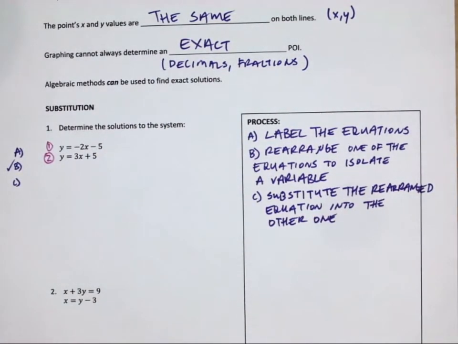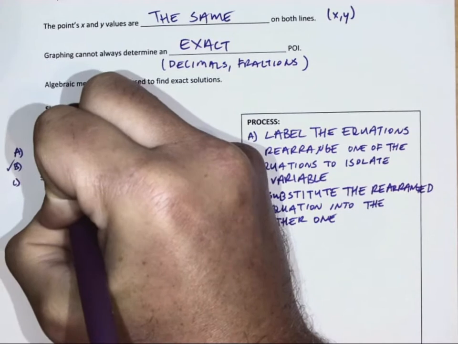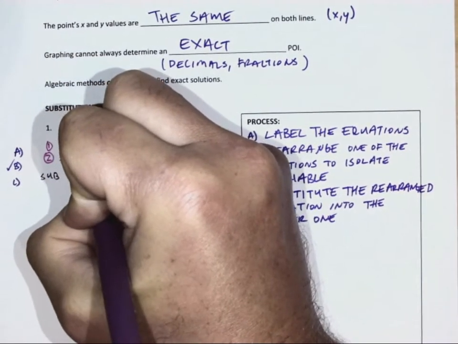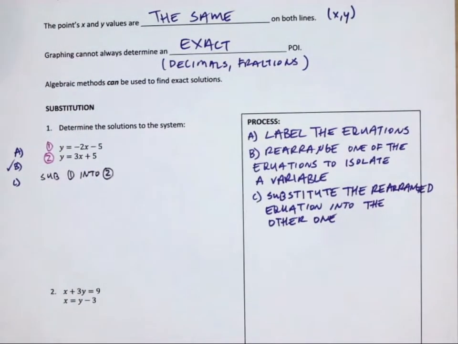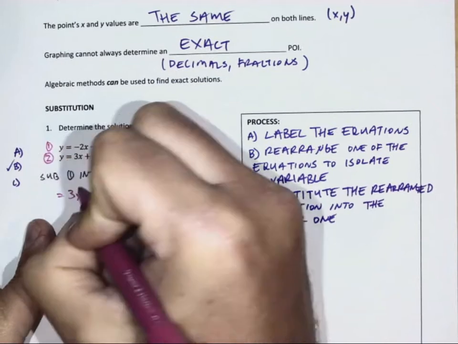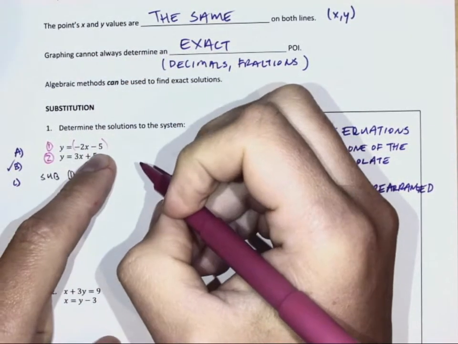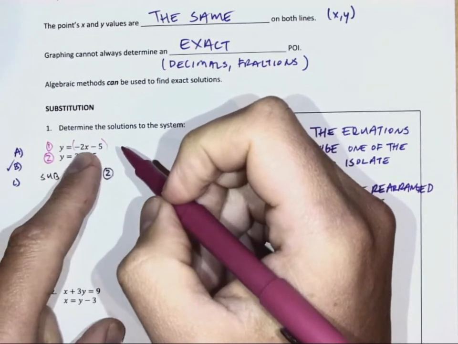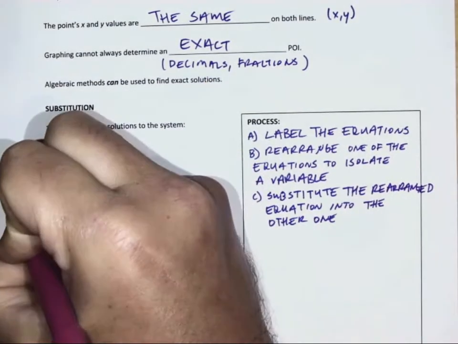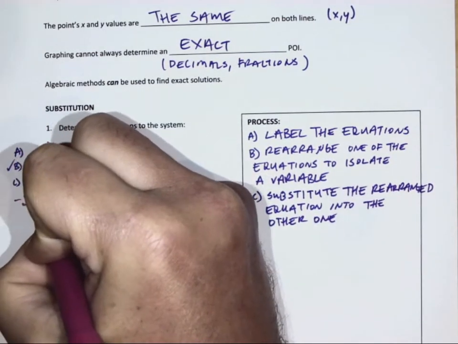To show what I'm doing, I'm going to use proper math communication. I'm going to say sub equation 1 into equation 2. So here's equation 2, y equals 3x plus 5. Everywhere I see the y in equation 2, I'm going to put what y is worth in equation 1. So instead of y on the left side of equation 2, I'm going to have negative 2x minus 5.